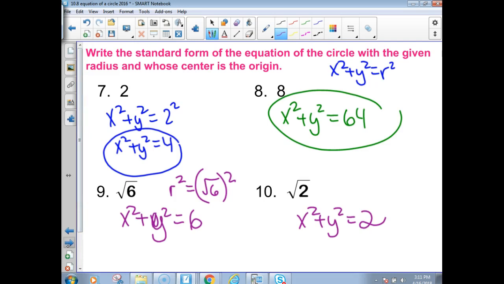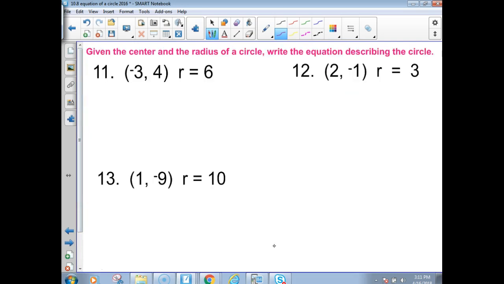All right, we're on to that, I think. Now we have the formula to fill in. We are going to be using x minus h quantity squared plus y minus k quantity squared equals r squared. And I'd like to see some of you do these for me too, so I can see how we're progressing with this.